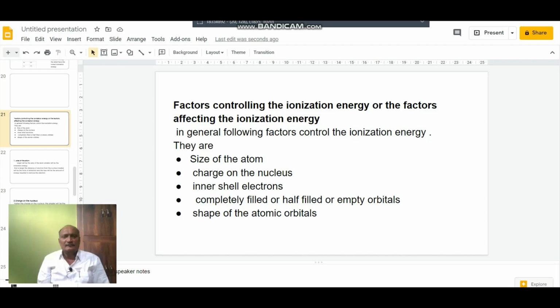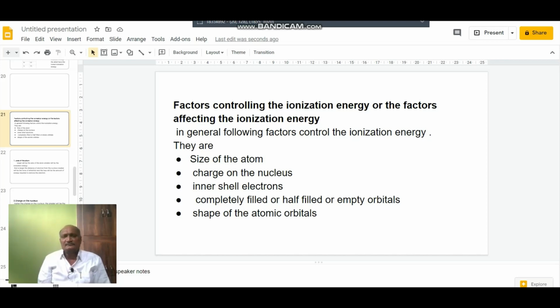Coming to the factors controlling the ionization energy, or the factors affecting the ionization energy values. In general, the following factors control the ionization energy.